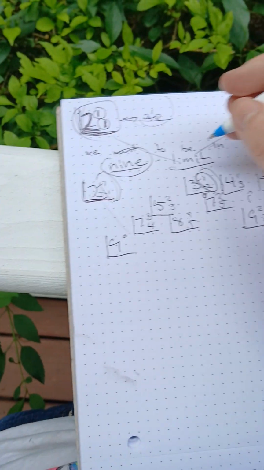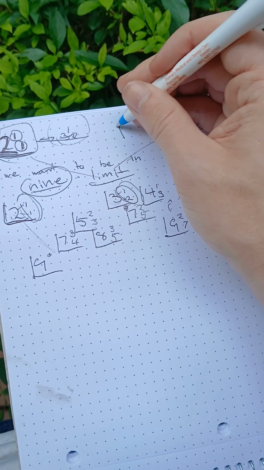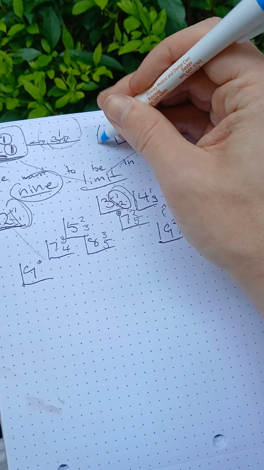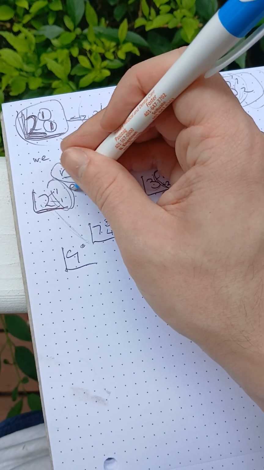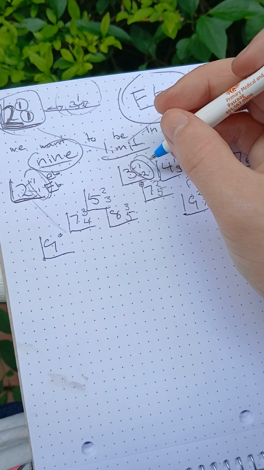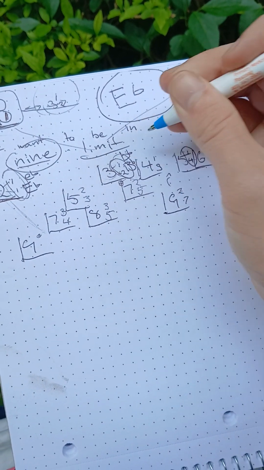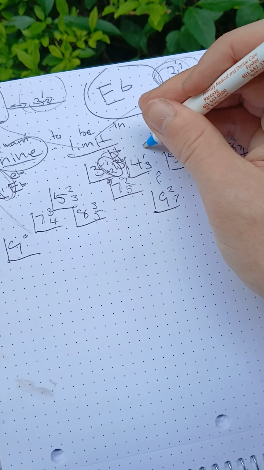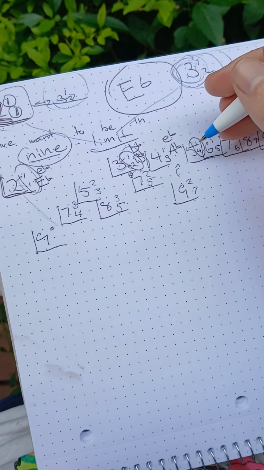So if our string is E flat, then obviously this is going to be an E flat, this is going to be an E flat, this is going to be a B flat, B flat, this is going to be an E flat over A flat, and these are going to be tuned slightly differently.